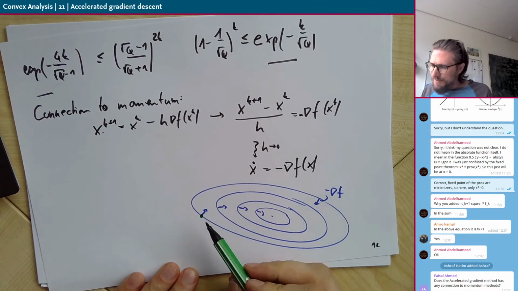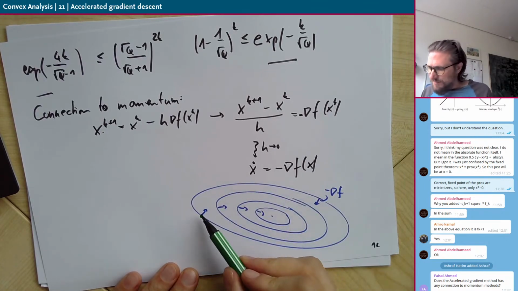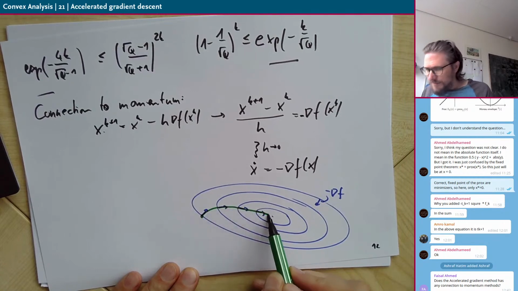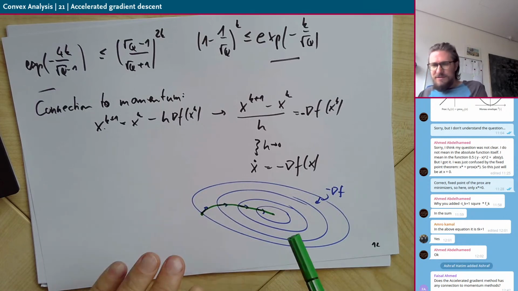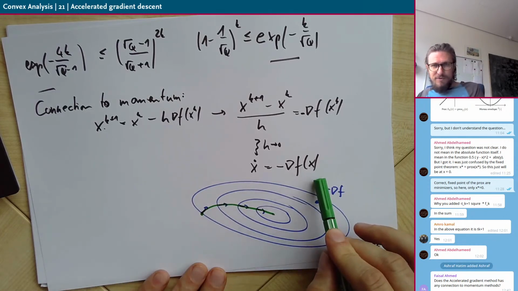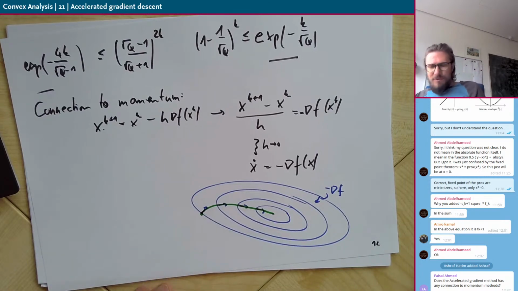And so really what happens in practice, if you solve this numerically with good accuracy, you will see that the trajectory looks like this, which is good. Theoretically, this is a very good differential equation which moves you directly towards the minimum. But numerically, things look a little bit different.